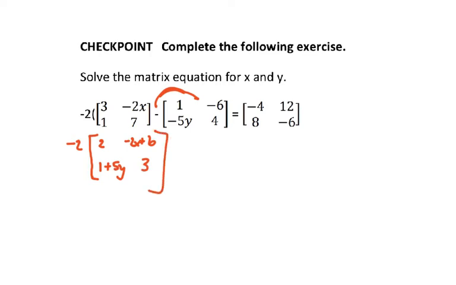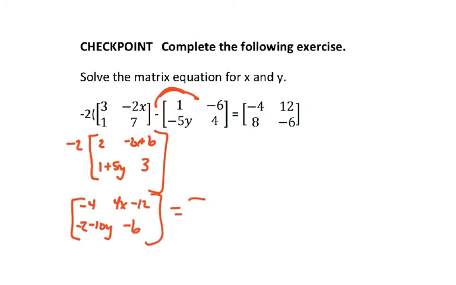Negative 2 times those numbers is negative 4. 4x minus 12. Negative 2 minus 10y. And negative 6.